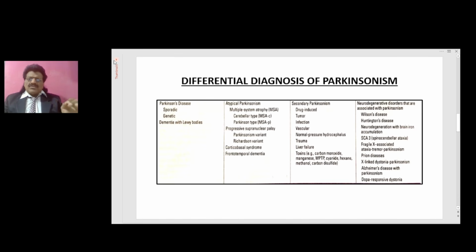DOPA responsive dystonia is usually seen in young people and they are excessively sensitive to DOPA. So any young person comes with dystonia, always we can give a trial of DOPA, and if they are DOPA responsive dystonia, they have an excellent clinical improvement.